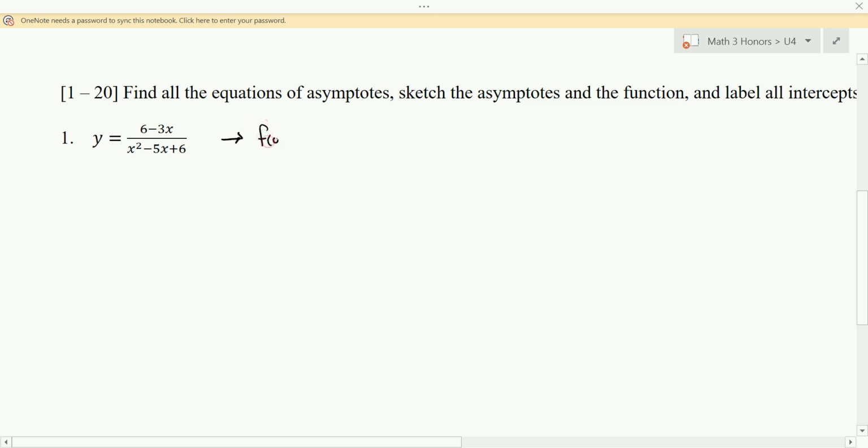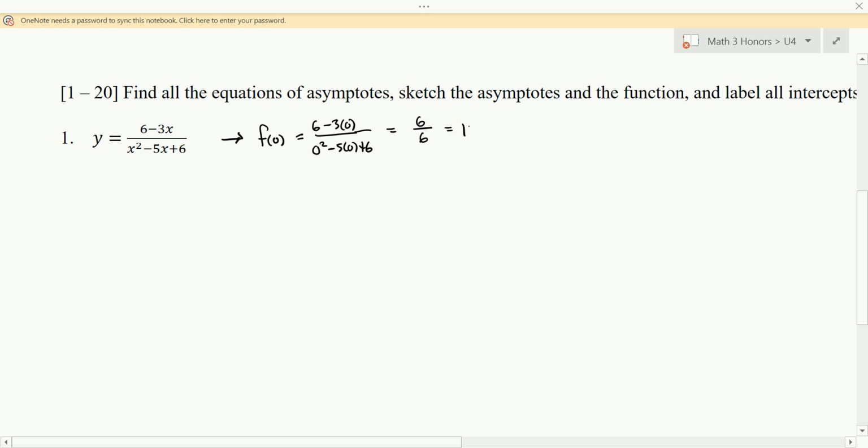Although there's no f of x, f is still the same thing as y. So I'm plugging in 0 for x, and we get 6 minus 3 times 0 over 0 squared minus 5 times 0 plus 6. Lots of stuff will go away, and we'll end up with 6 over 6, which is 1.